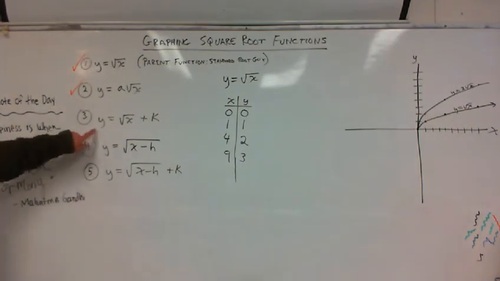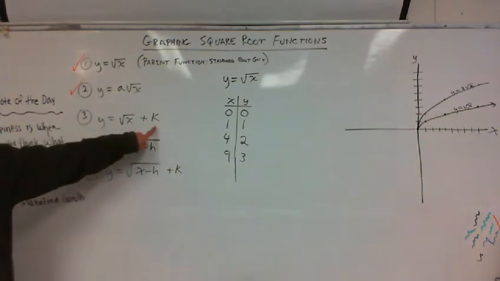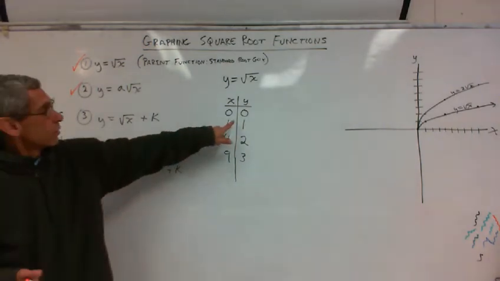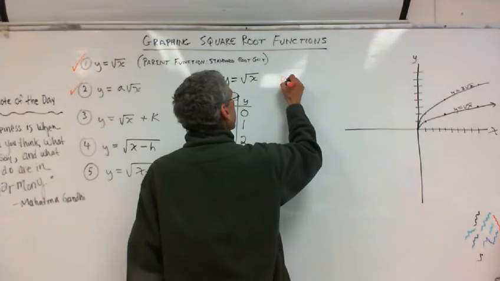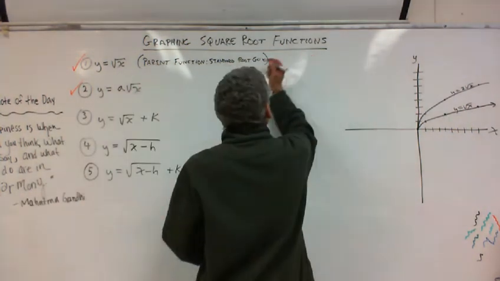Look at this. Y is equal to the square root of x plus k. So all that's going to do is, whatever k is, you're going to add that to these numbers, right? So we'll try one. Let me try a different color.